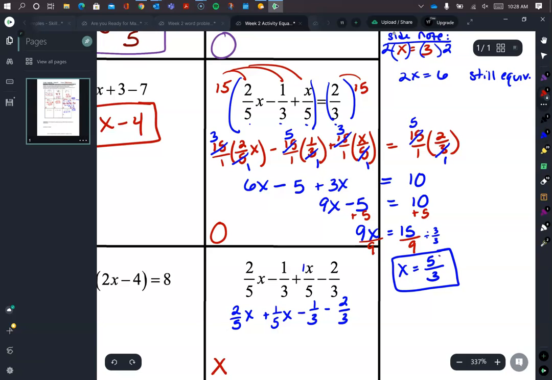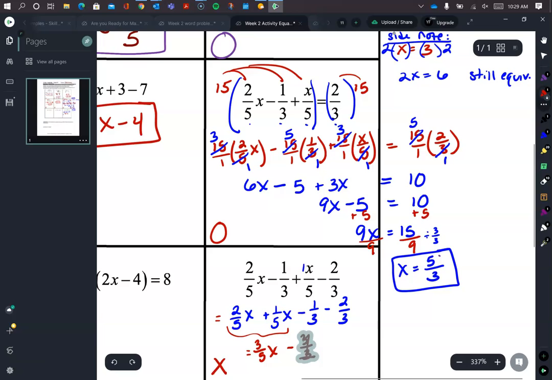So I can just go ahead and figure out these two first. So 2/5 x plus 1/5 x would give me 3/5 x. And then minus 1/3 minus 2/3 is going to give me minus 3/3. And then that is actually going to be equivalent to 1, right?